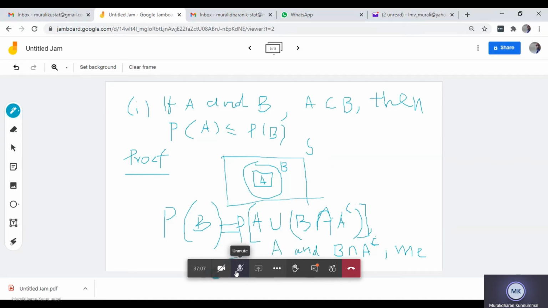Since they are mutually exclusive, you can write it as P of A plus P of B intersection A complement, please recall our second axiom of the probability definition.